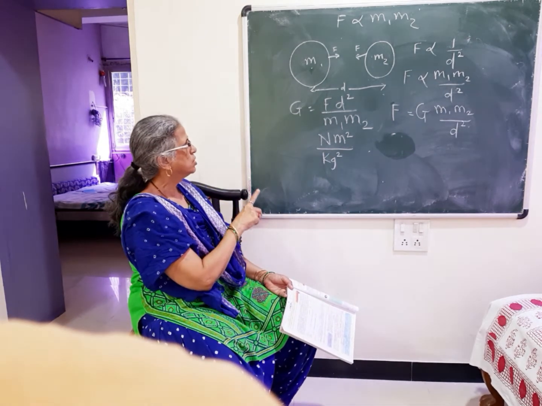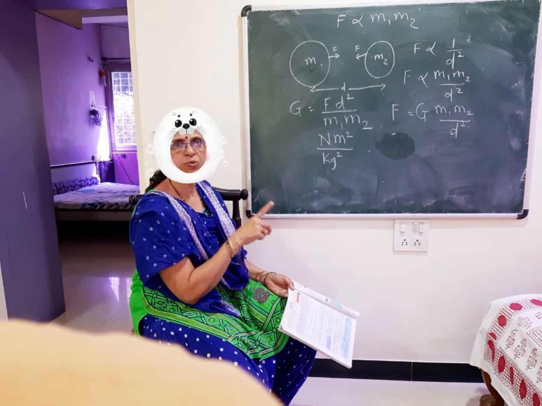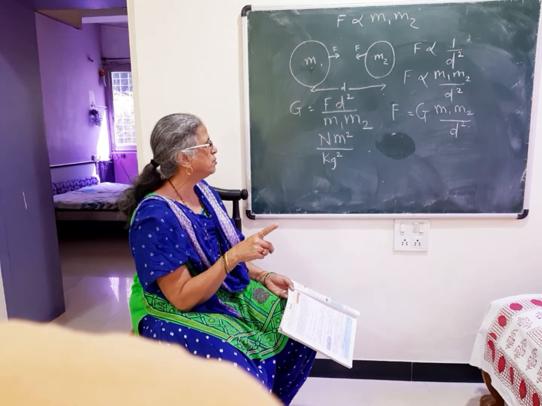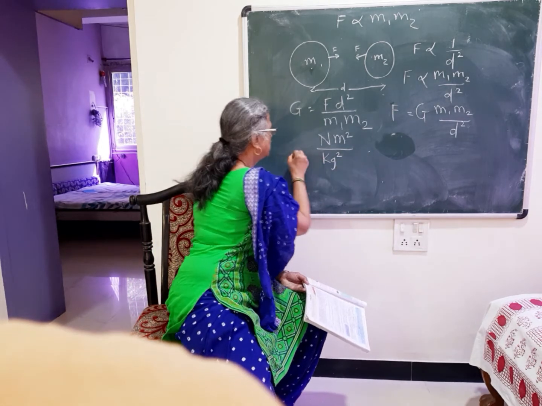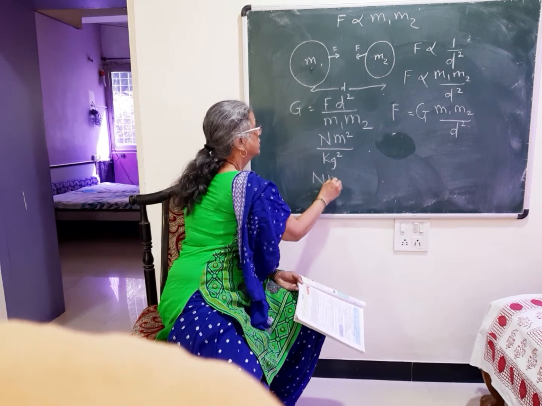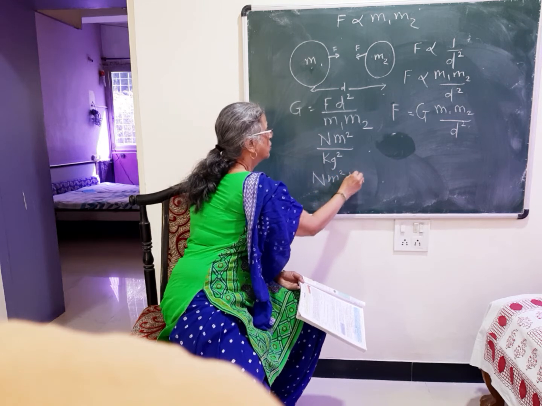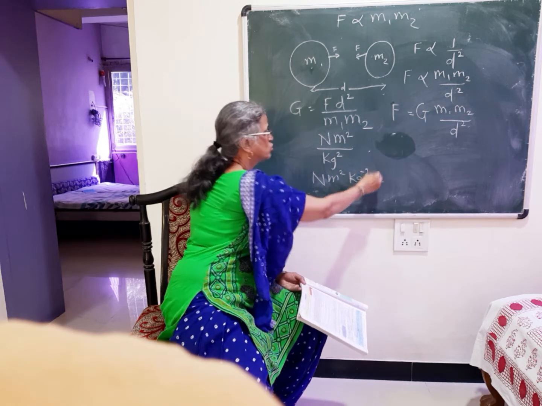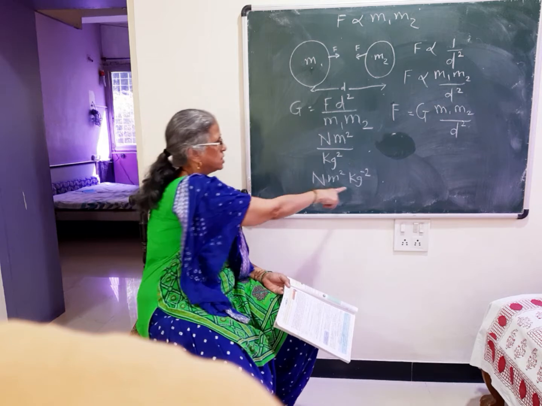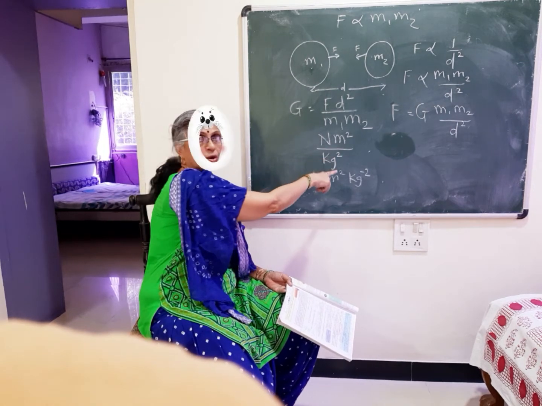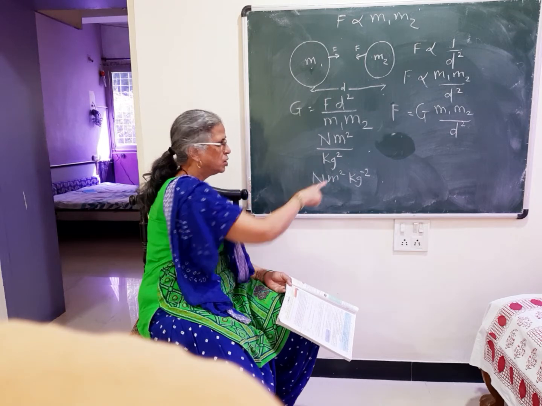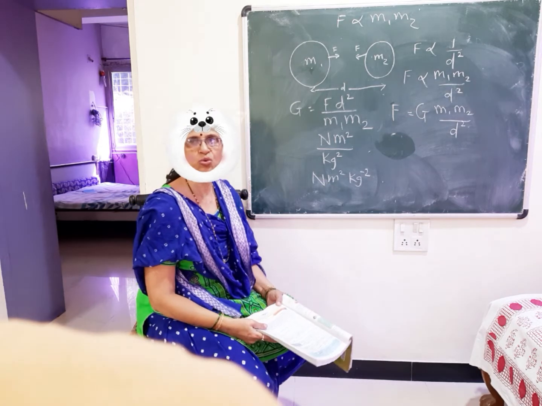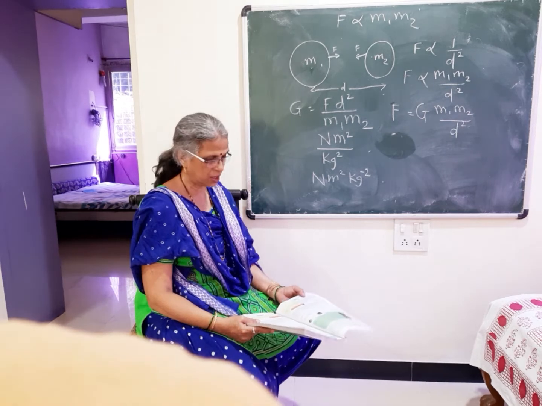So here the SI unit of G is Newton meter square per kilogram square, or you may write Newton meter square kilogram raised to minus 2. You may write like this, Newton meter square upon kilogram square, or you may write Newton meter square into kilogram raised to minus 2, that is per kilogram square in another form.